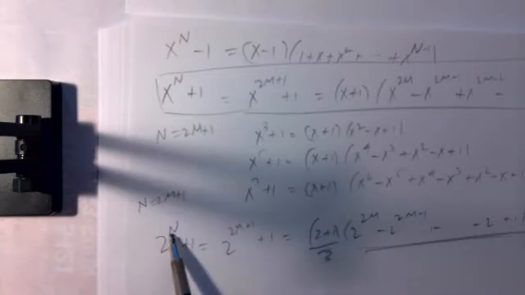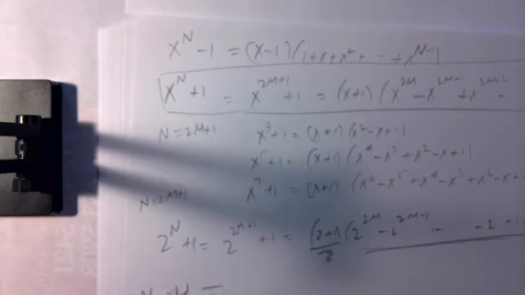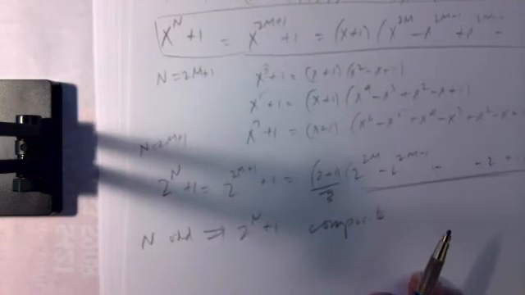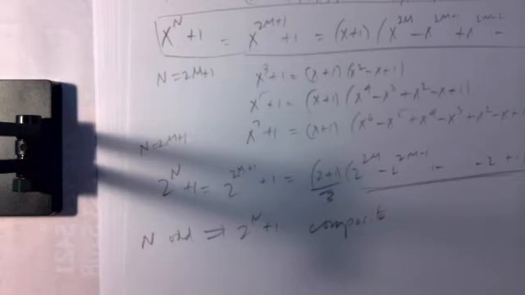So if n is odd, then 2 to the n plus 1 is composite. Okay, any question about that?